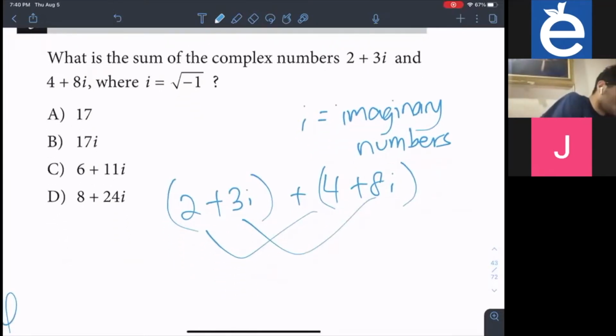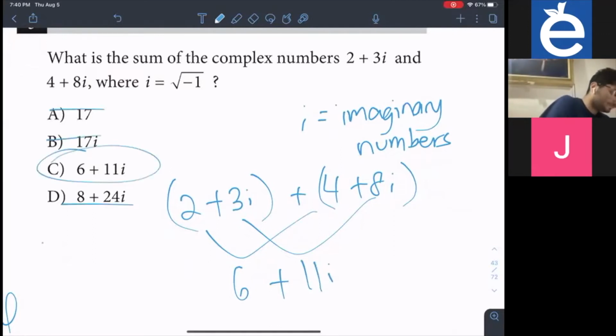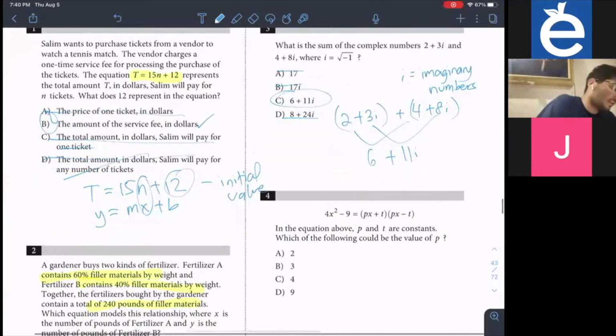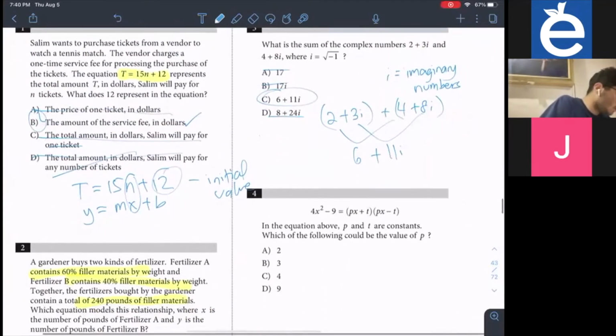So we would do 2 + 4, which is 6, and then 3i + 8i, which is 11i, and then we have to see which one it is, and it's choice C. That is just basically combining like terms. You combine the i's together and you combine the regular numbers together. So 3 is choice C.